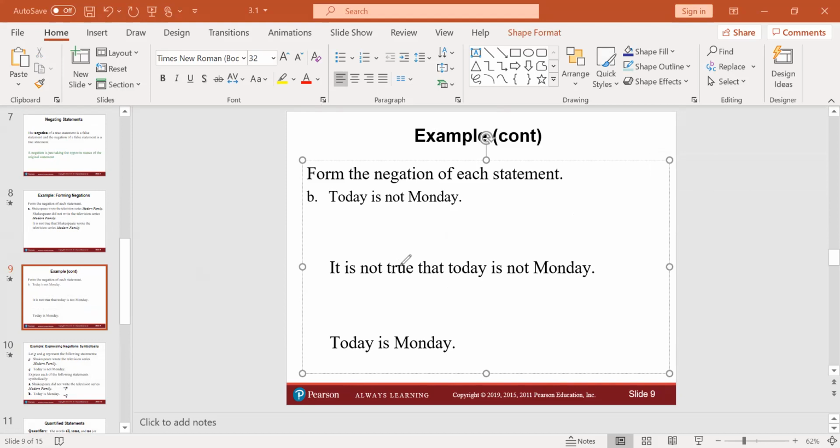Today is not Monday. So if you're taking the stance, today is not Monday, its negation is very simple. I'll use it in red. It's just take the opposite stance. Well, today is Monday. It doesn't matter if it's a true statement or not that you're crafting. We're just taking the negation of it.